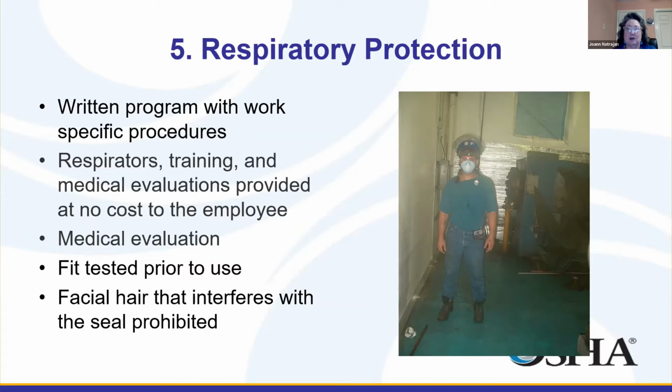In other words, what job positions, what's the training we're going to give people, how are we going to fit test people on these respirators to make sure that the respirator we're handing out fits that person well enough that it's going to protect them from the hazard, and what type of medical evaluation are we going to do to make sure that that person has adequate lung function and heart function that they can wear the respirator and do the job. Okay. So those are some of the considerations we have for respirators.